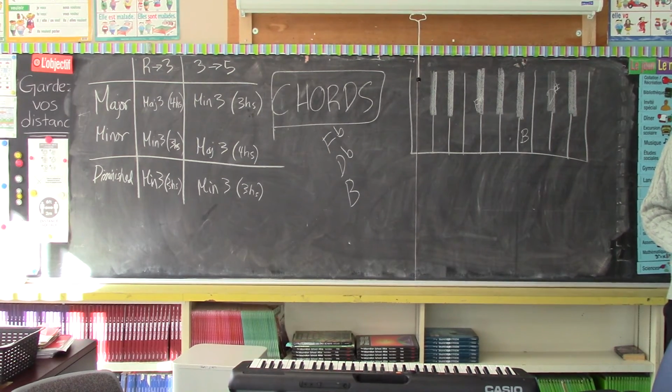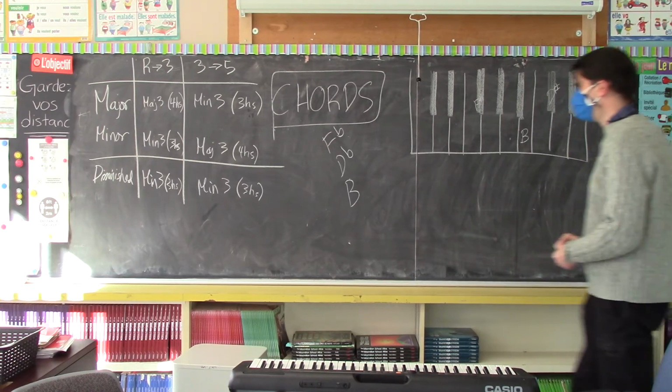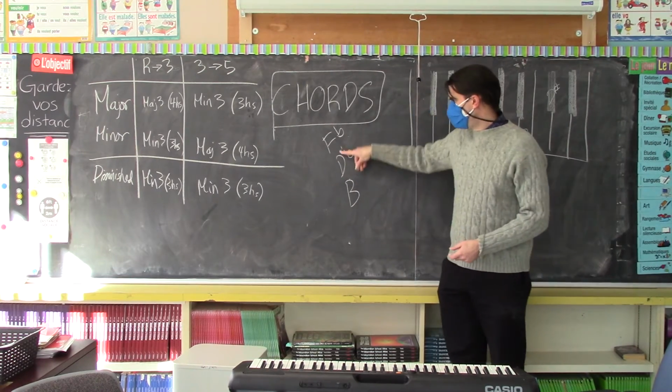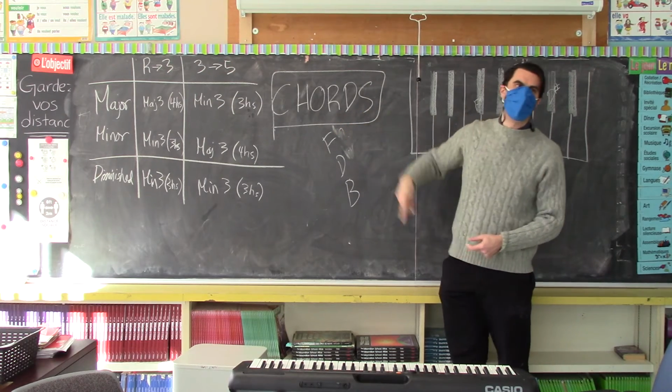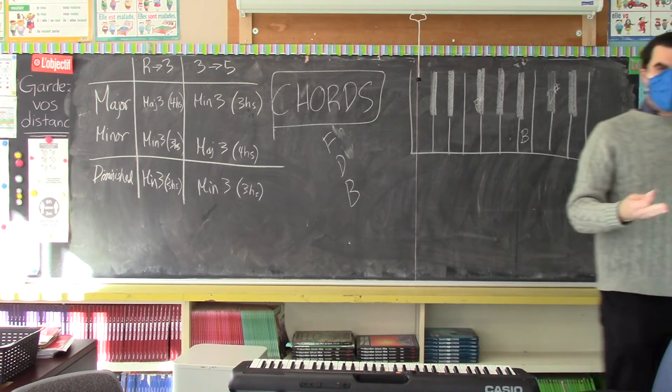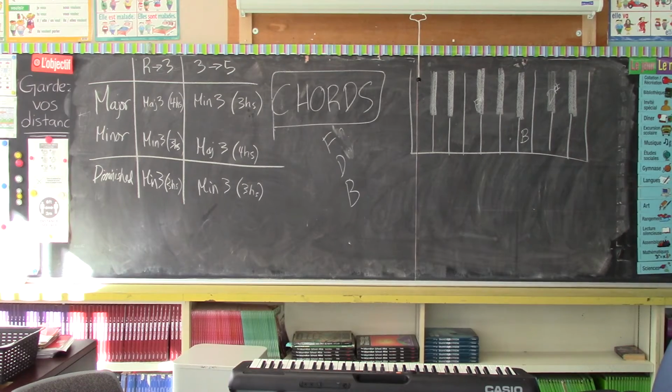Does that make sense? The difference between counting letters and counting half steps? Okay, good. All right, so just take that away. And then you quickly realize that if you have a D natural, F is also 3 semitones away, right?